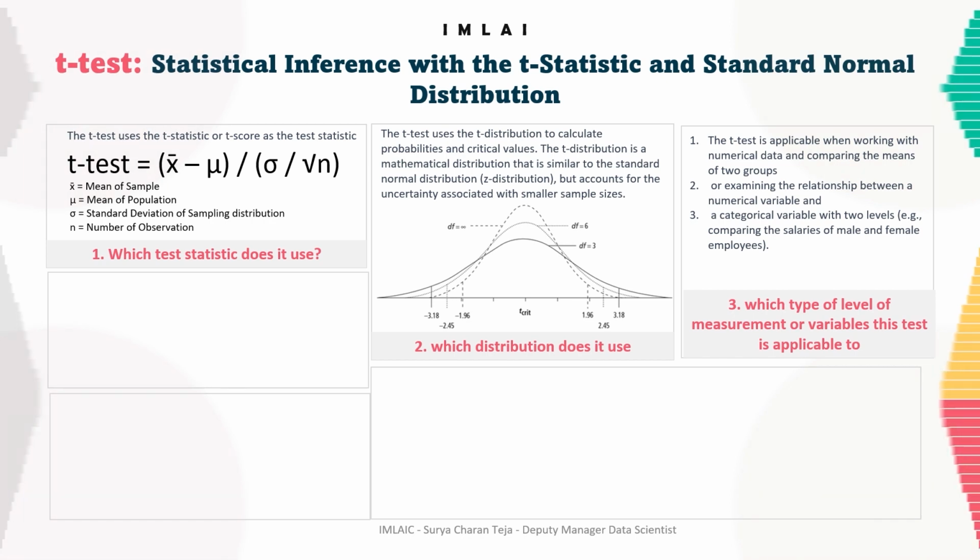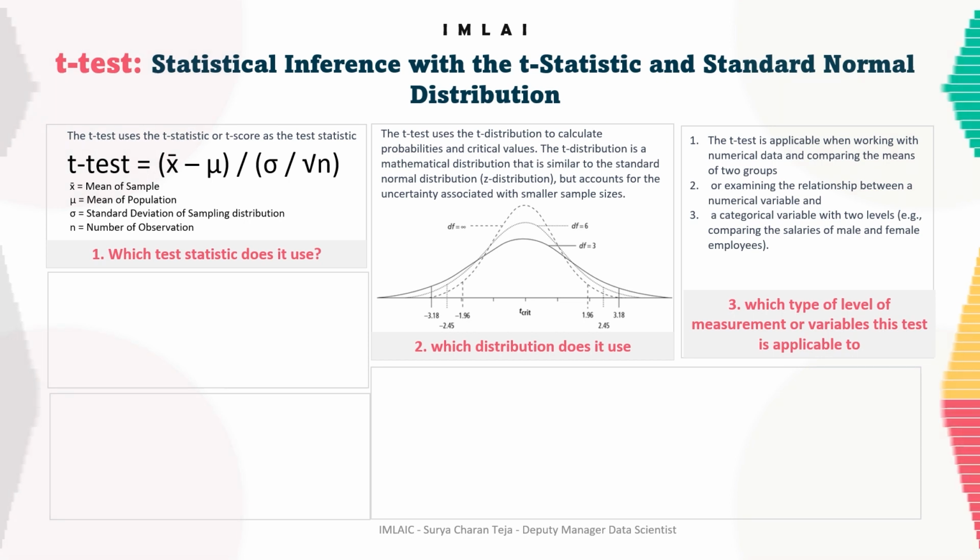First one, the t-test is applicable when working with numerical data, either for a single variable, or comparing the means of two groups. If you have one group of data, you can directly use it, or you can use it comparing the two means of group 1 and group 2. That is another way of using it.